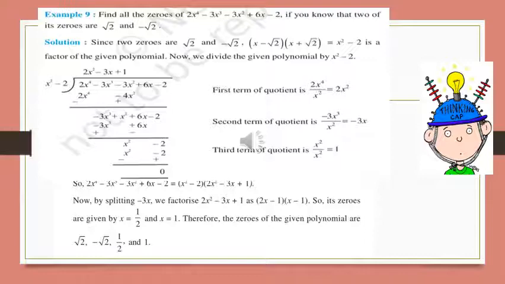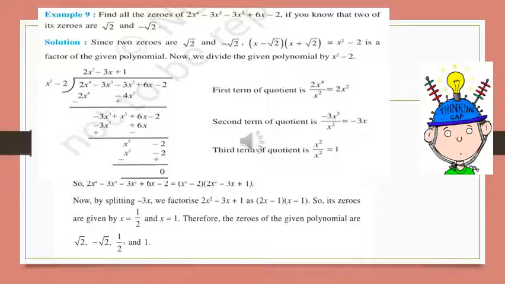Again I will repeat: 2 zeros are given, root 2 and minus root 2. How do you get these zeros? Before that step, just remember that we write x minus root 2 and x plus root 2, and then only do we get x equal to root 2 and x equal to minus root 2.